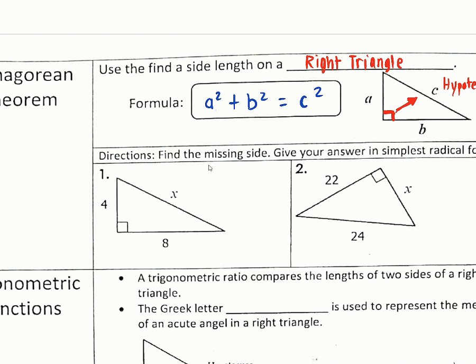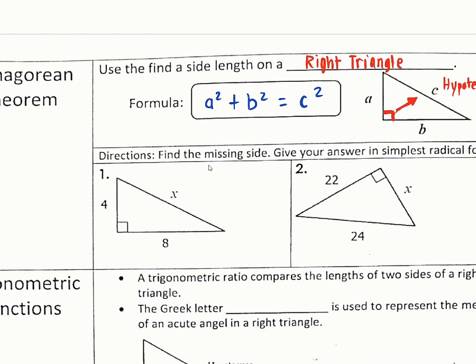Again, here are the keys to that equation. C has to be your hypotenuse. You have to put your hypotenuse on the side that is alone, right? No brainer, but sometimes people don't do that. So C has to be your hypotenuse, and it has to be the one that's on the side alone.